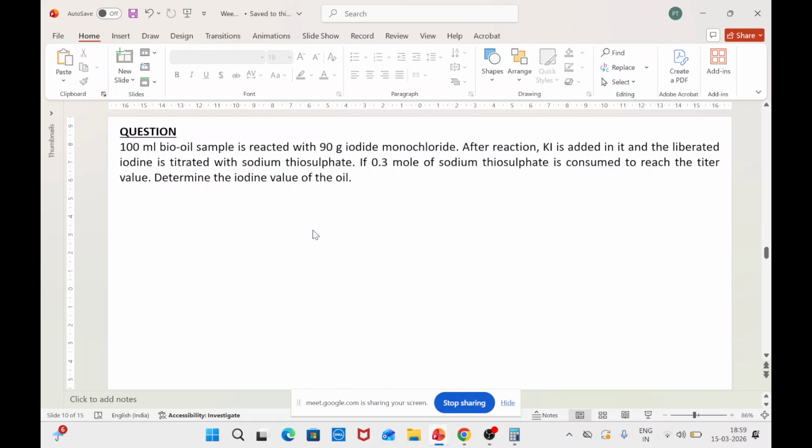So what will be the reactions for this? You will have two reactions. That's how you'll be able to calculate how much will be the iodine value.